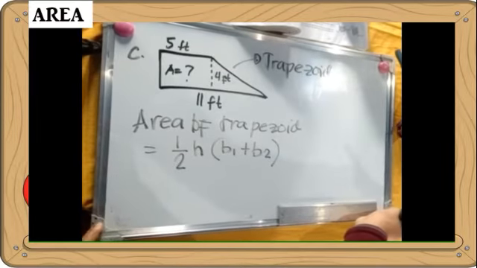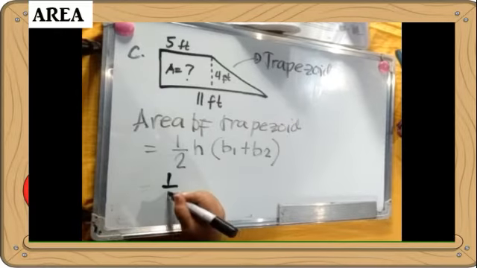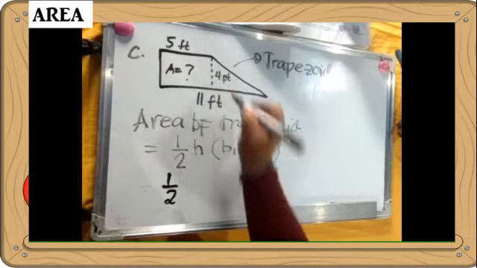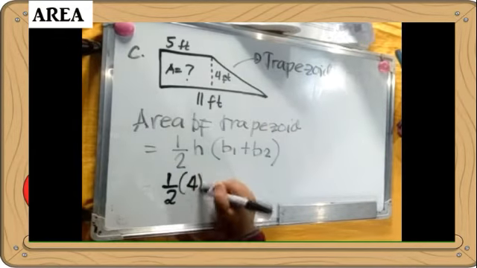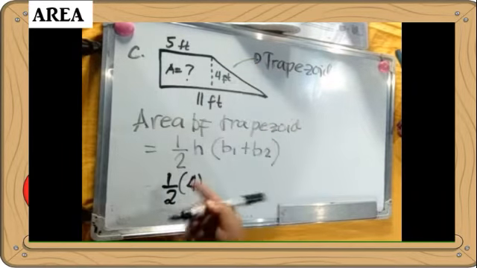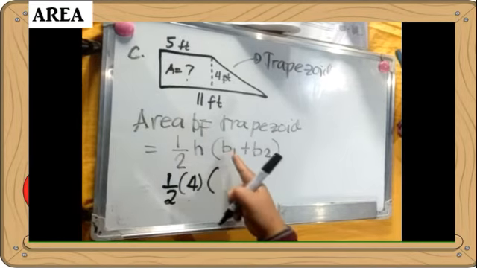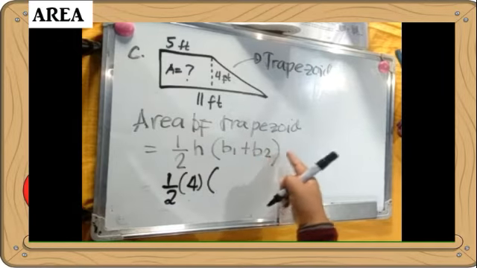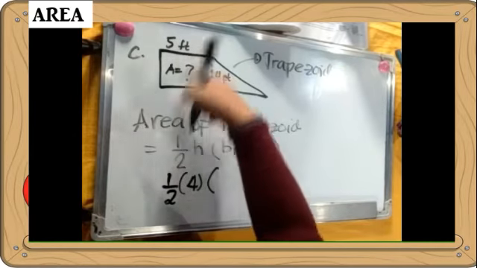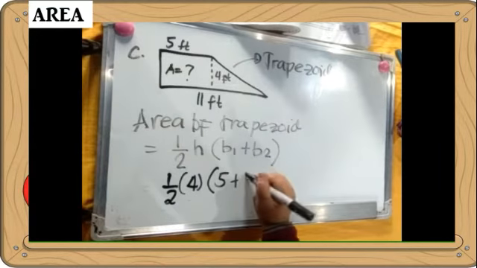So let us solve. We have 1/2 times height. So aha man natong height dari class. Kanisi 4 feet. Nganong siya man? Kay siya man ang nag-indicate kung unsa ka habog ang trapezoid. So 1/2 times 4 or 4 feet, quantity base 1 plus base 2. So kinsa man nato ang base 1? Base dani sa ato ang example. It is si 5 plus base 2 11.